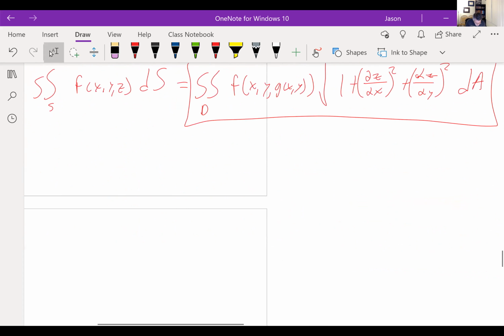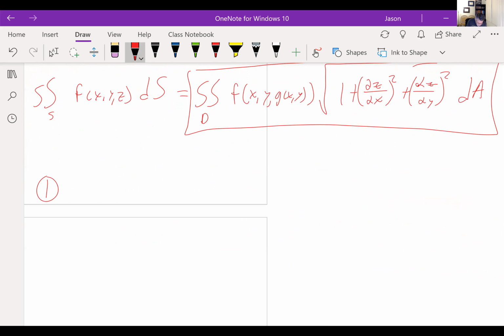Okay, therefore, let's do a problem here. Evaluate the surface integral of y dS. Again, we don't know if this is going to be 2 dimensions or 3 dimensions. I mean, we do know that it's 3 dimensions because it's got a double integral, but we use that capital S to designate that it's y, but in 3 dimensions.